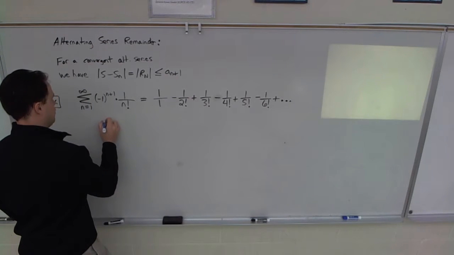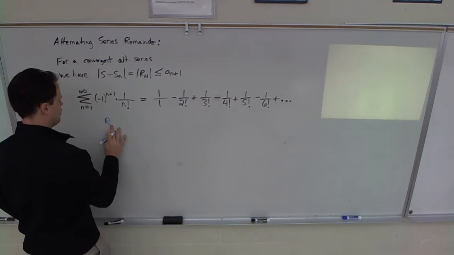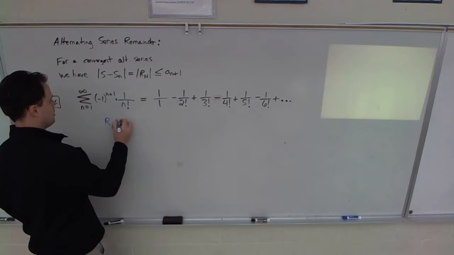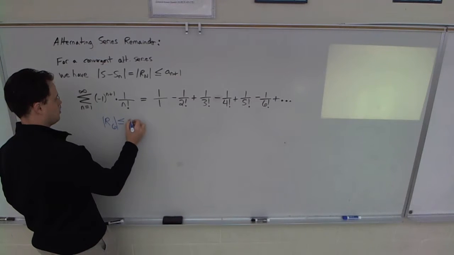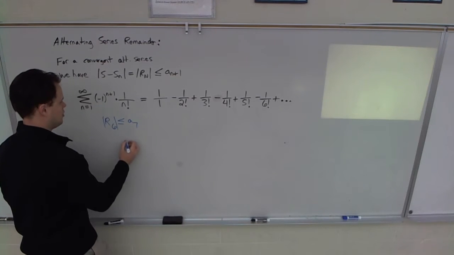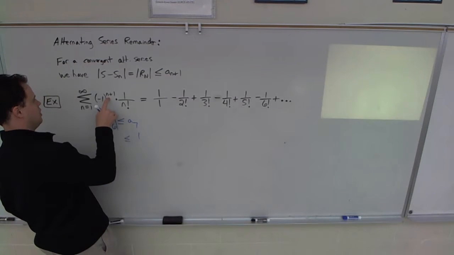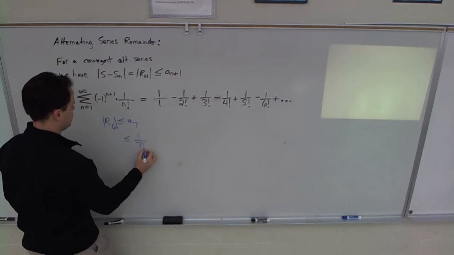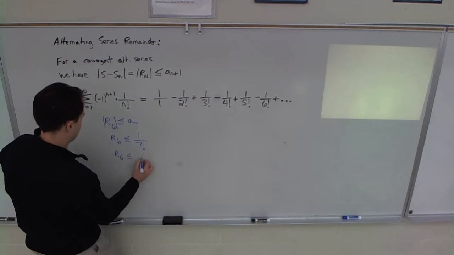So first of all, it says the remainder, if we look at only the first 6 terms, is going to be less than or equal to term 7. So term 7 here is, put 7 in, you get 8. That's going to make that positive, and 1 over 7 factorial right here. So r sub 6 is less than or equal to 1 over 7 factorial.